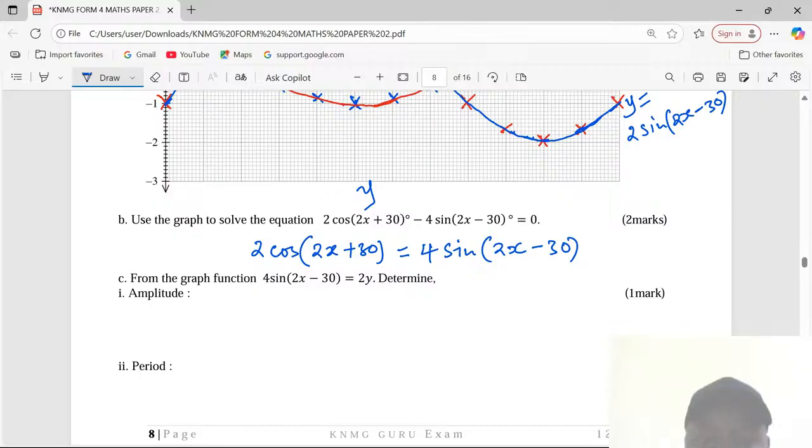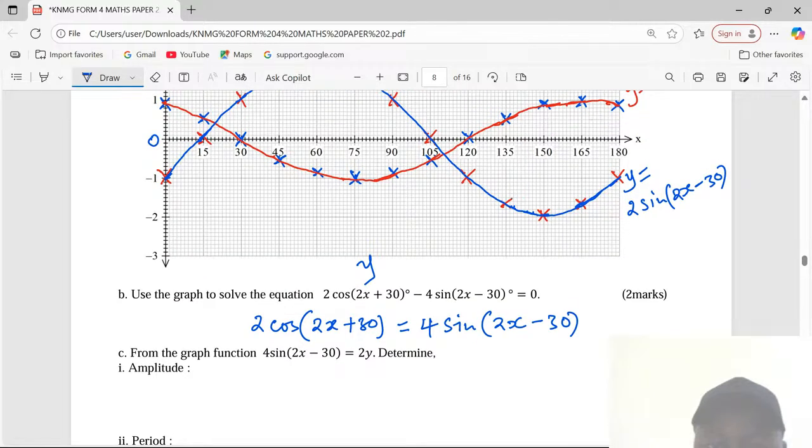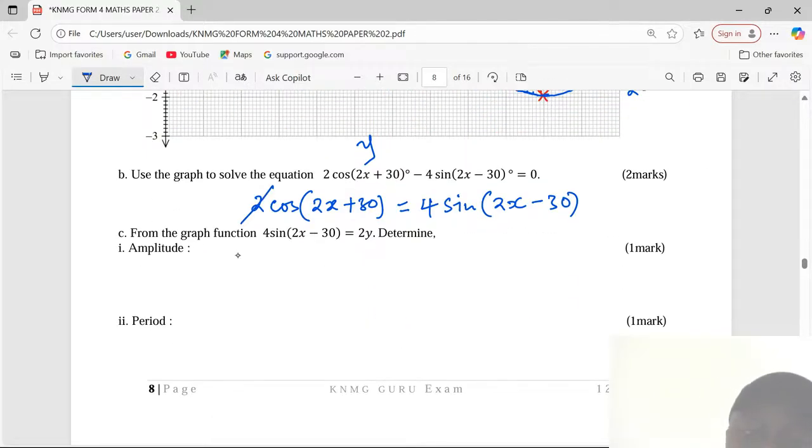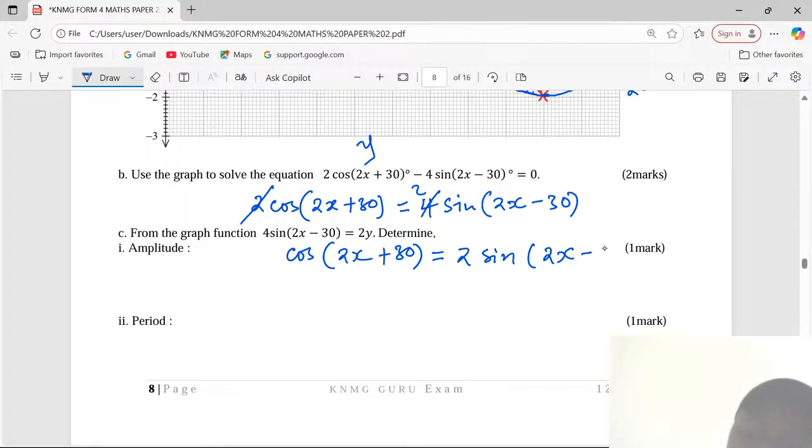At that point, you realize we can divide through by the 2, and this becomes a 2. So we have cosine of 2x plus 30 equals 2 sine 2x minus 30.